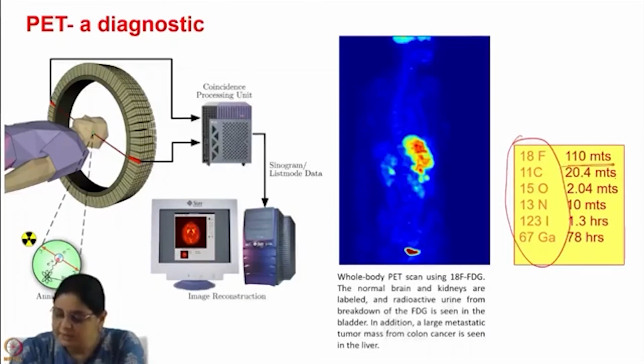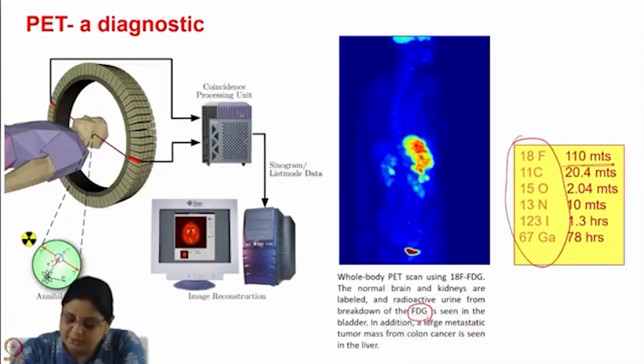What is done is that this isotope, along with glucose in the form of FDG, is injected into the patient's body. This glucose has a tendency to be tumor seeking.